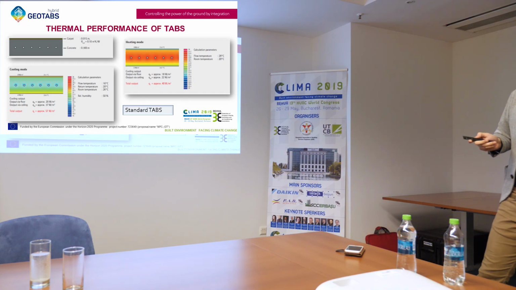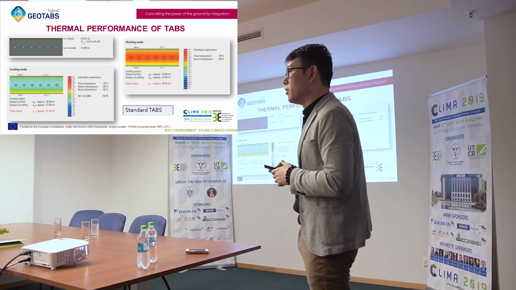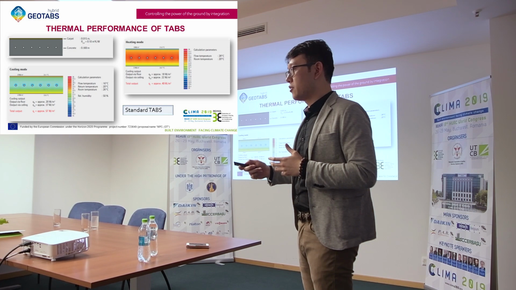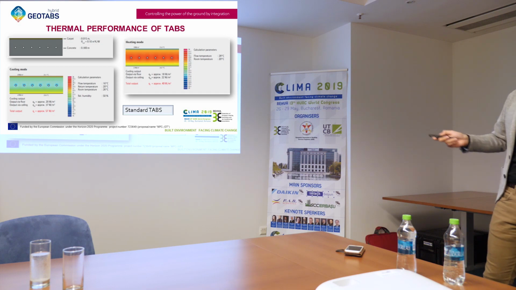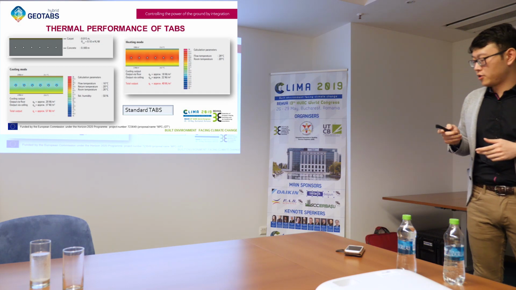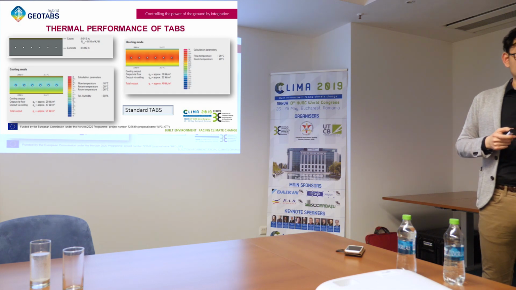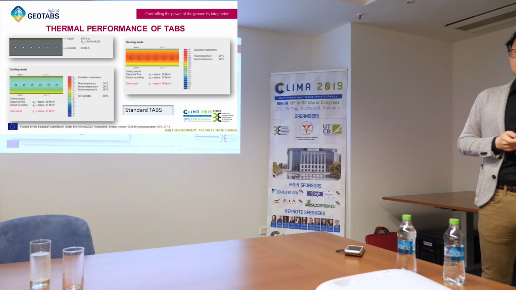So it's very important when it comes to the design to understand what the heat output of the TABS will be, so you can integrate into the right system or choose the correct secondary system in order to compensate. Okay? So with this return and supply temperature, we did the FEM to analyze the heat transfer and the cooling and heating capacity of the TABS. And this is validated in our German lab.